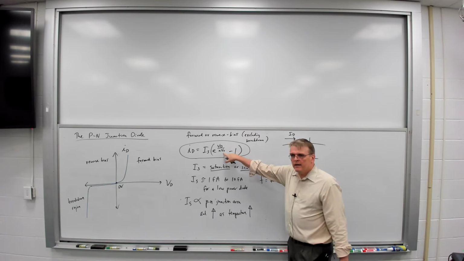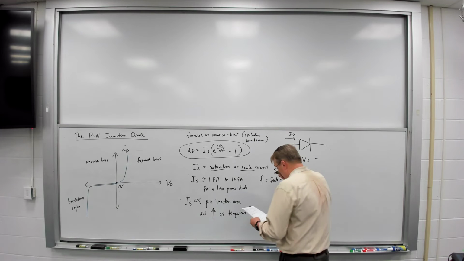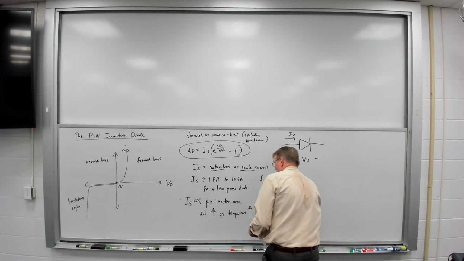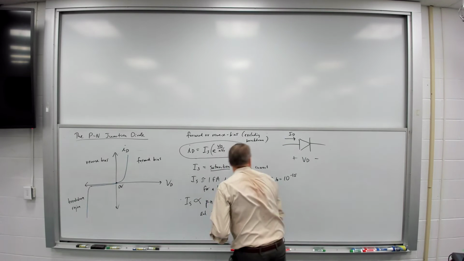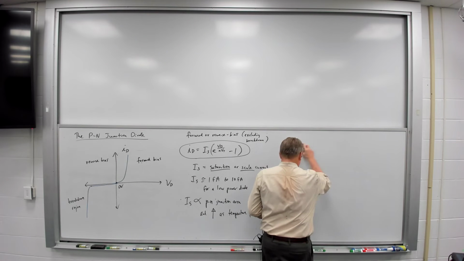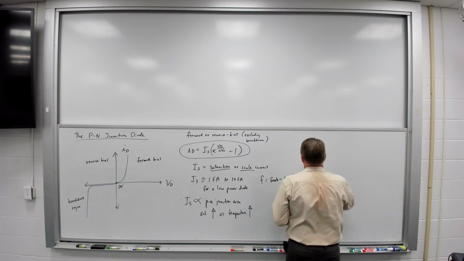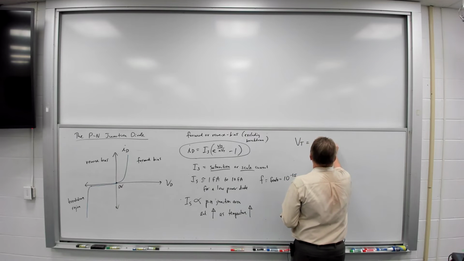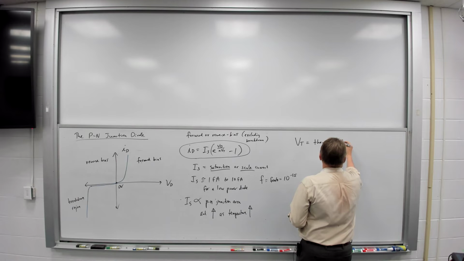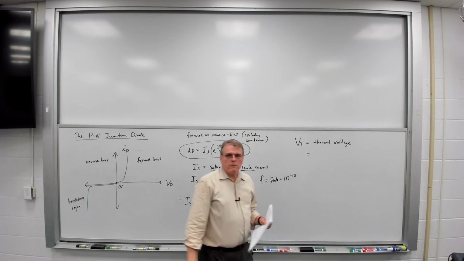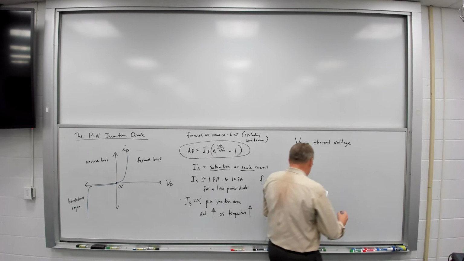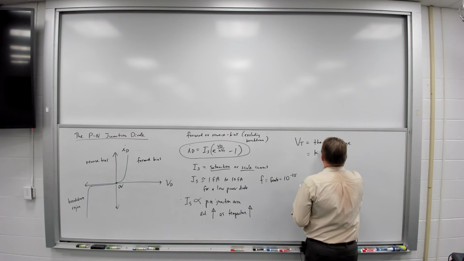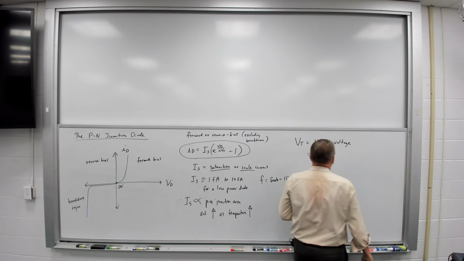VT is called our thermal voltage. And the equation for that thermal voltage is it's equal to kT over q.